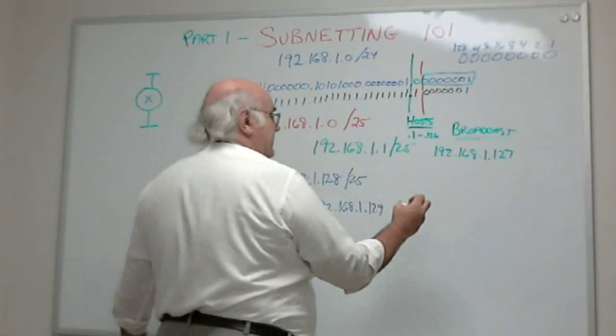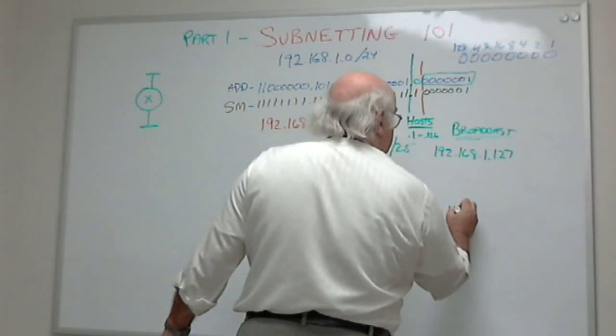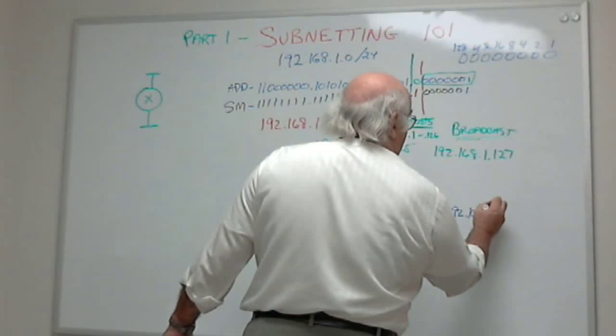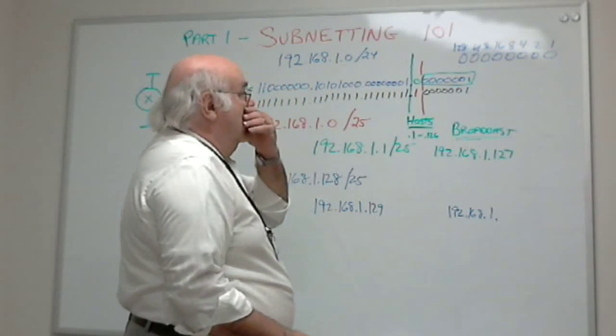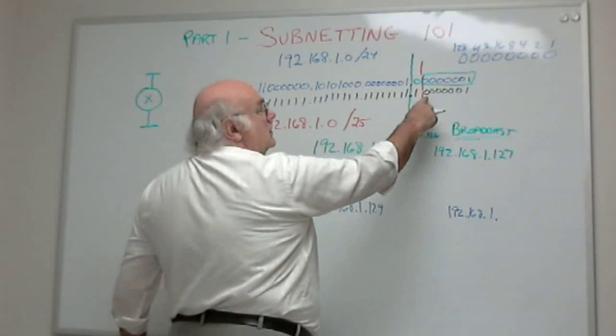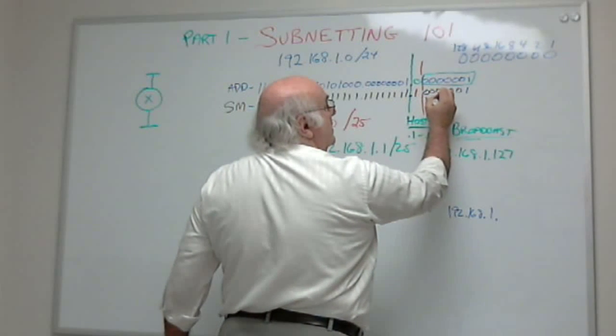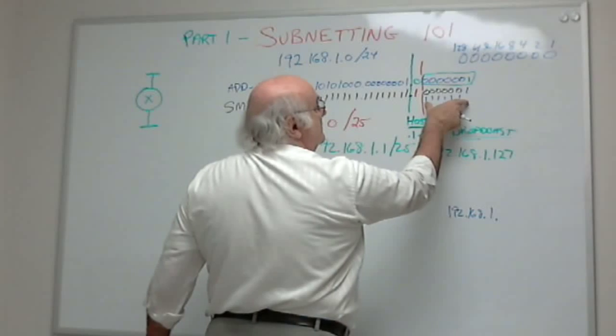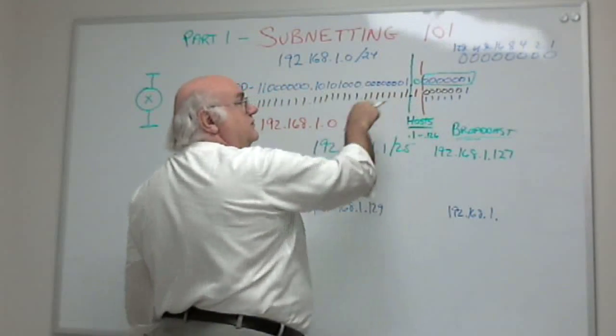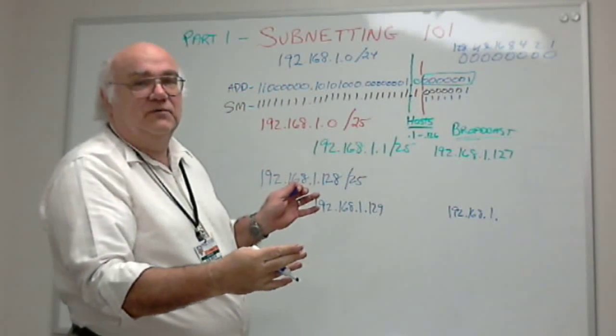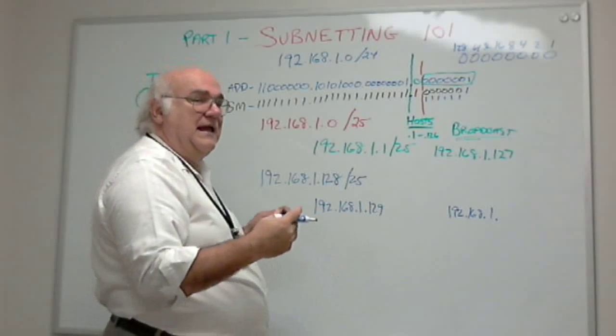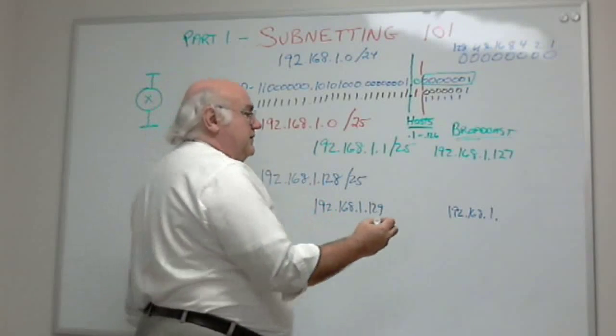My broadcast address: if I turn all of the host bits on, and this bit is on, all 8 bits are equal to 1, 255.